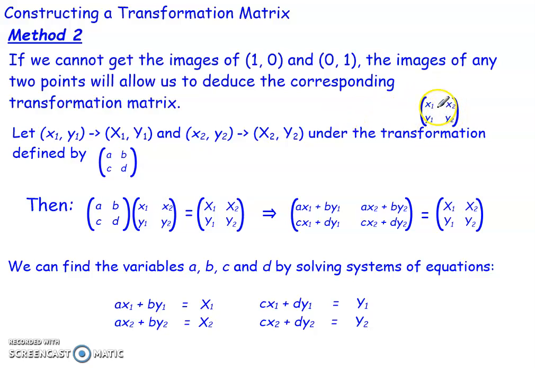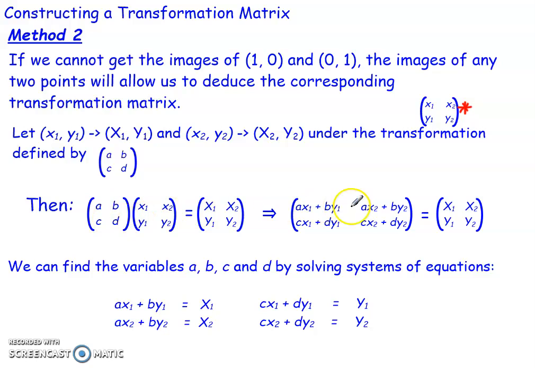If we've got any 2 points, x1, y1 and x2, y2, we can use this to determine the transformation matrix. So let x1, y1 transform to big X1, big Y1, and x2, y2 transform to big X2, big Y2, under this transformation defined by ABCD. What I then know is multiplying these two matrices together gives me this system, which is my coordinates.